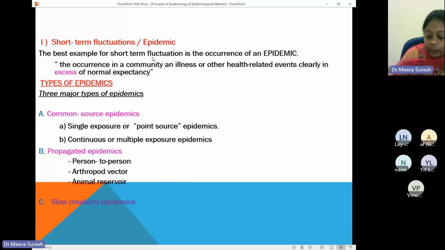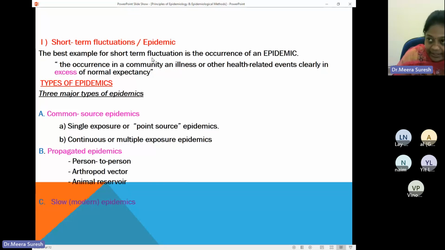So anything that is going in excess. And that excess, how we determine, it usually depends upon what is the condition of that particular disease earlier. So sometimes it can be 0 cases for years and even one appearing is considered as an epidemic. Sometimes 5 to 10 is considered normal, but if it is a surge, it is usually considered an epidemic if it is more than 2 standard deviations.